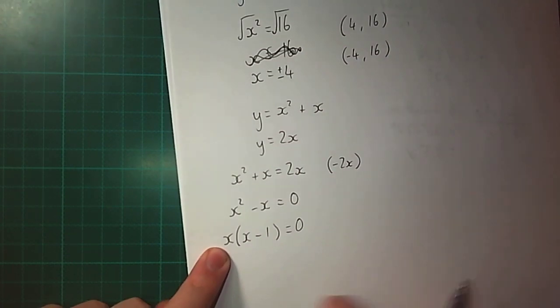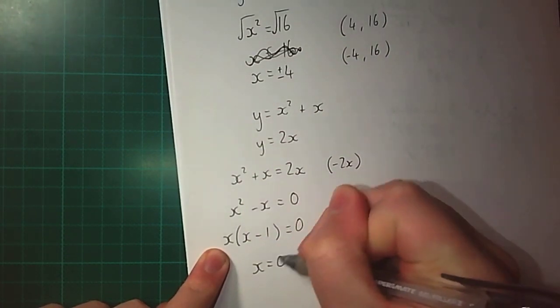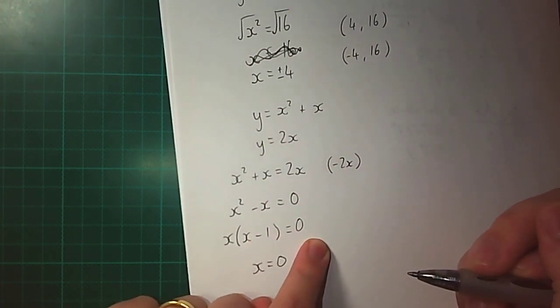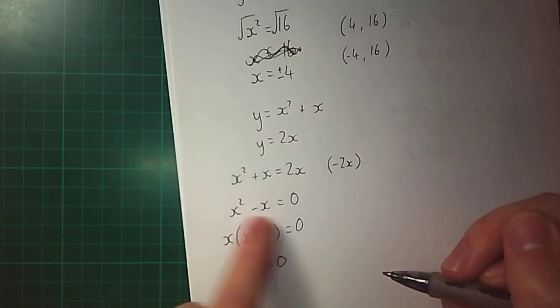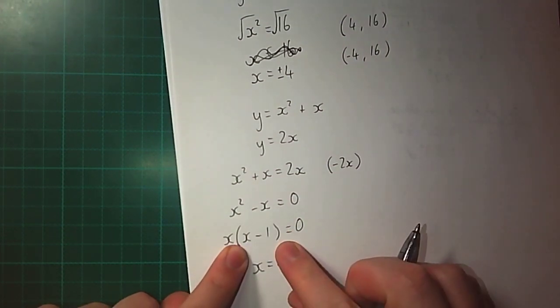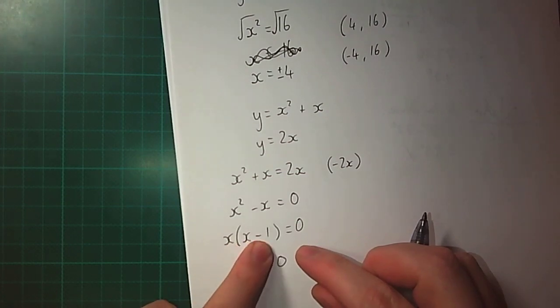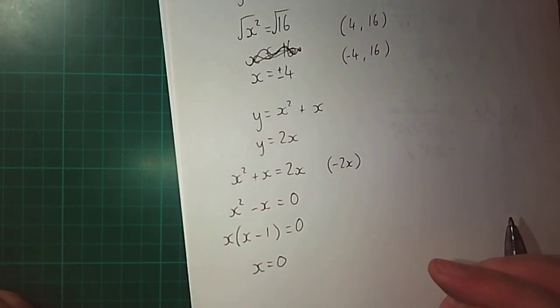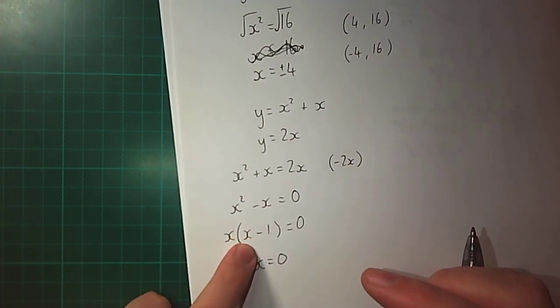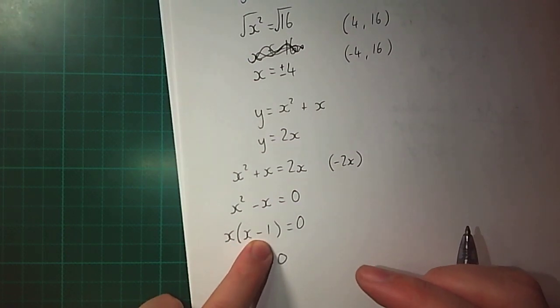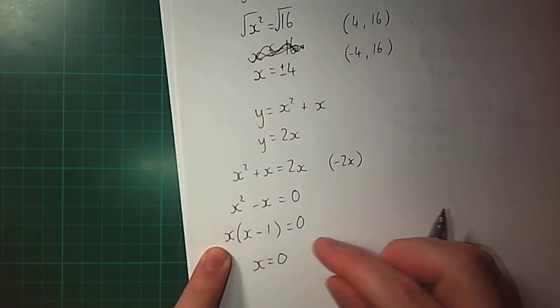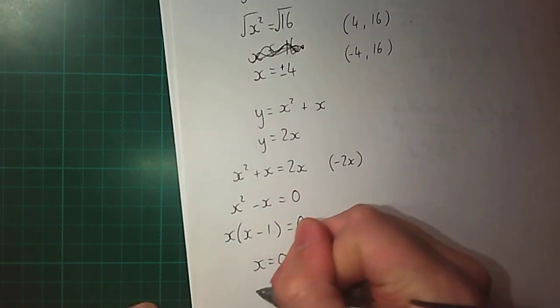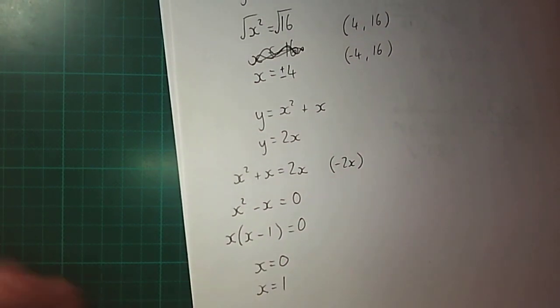Well, x is on its own, so x can be 0, because 0 times whatever equals 0. But we also have this bracket, and if x was 0, 0 minus 1 is negative 1, so that's not going to be 0. But if x is 1, then 1 minus 1 is 0, and 0 times 1 is 0. So that must be our other x value. So now we've got our two x solutions.